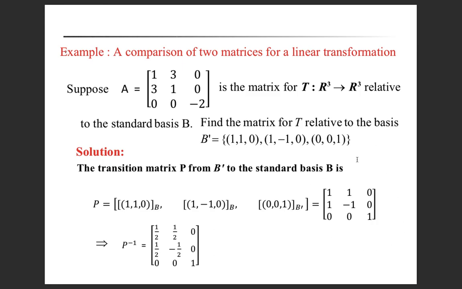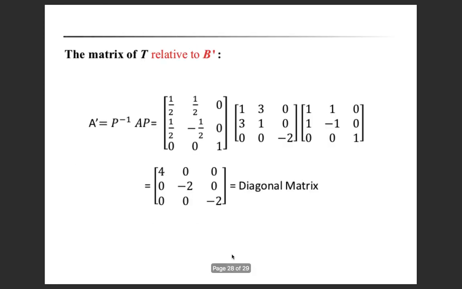Now it is easy to calculate its inverse because its determinant is not equal to 0. It will come out to be 1 by 2, 1 by 2, 0, 1 by 2, minus 1 by 2, 0, 0, 0, 1.